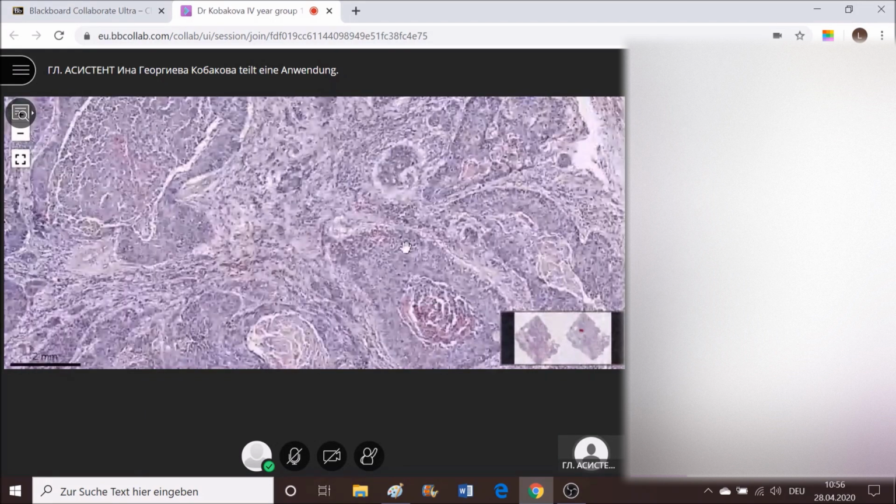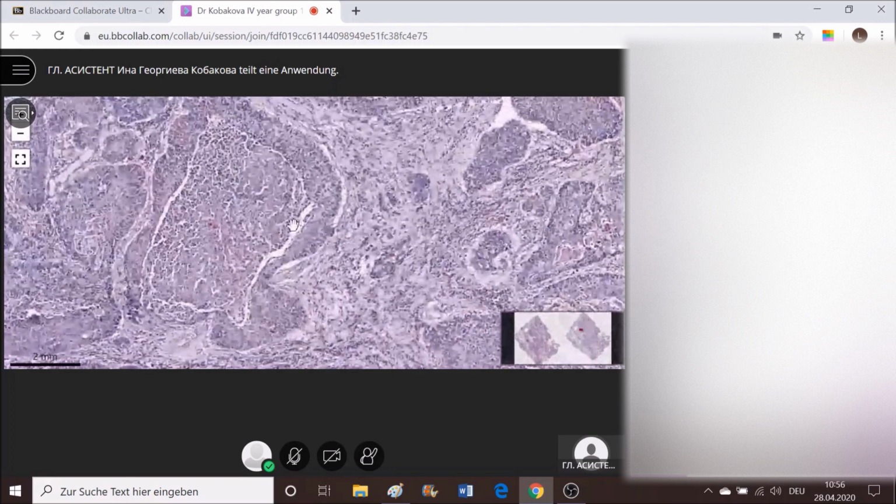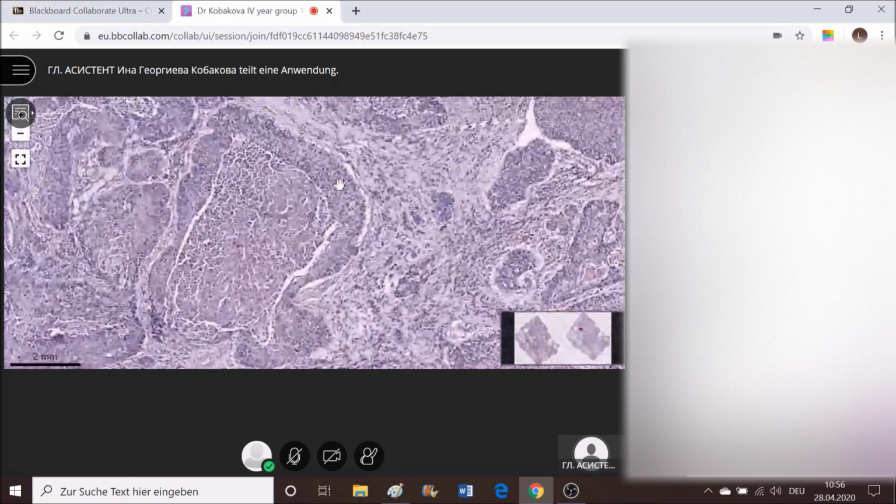So here, what we observe is formation of nests of cells, beginning of necrosis, keratin pearls, and multiple layers of cells which are situated inside stroma. So that's the parenchyma of the tumor, which is made again of these atypical squamous cells.